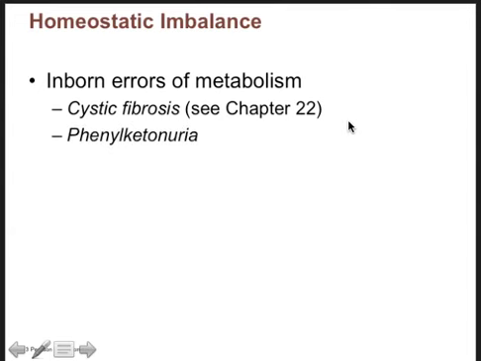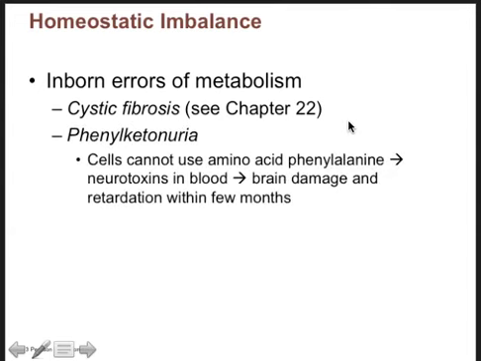Phenylketonuria is an inability to metabolize the amino acid phenylalanine. The cells, as a result, generate a metabolite that serves as a neurotoxin in the blood that can lead to brain damage and retardation within a few months. This is why on the back of every can of diet soda that uses aspartame as a sweetener, you will see "not for consumption by phenylketonurics."